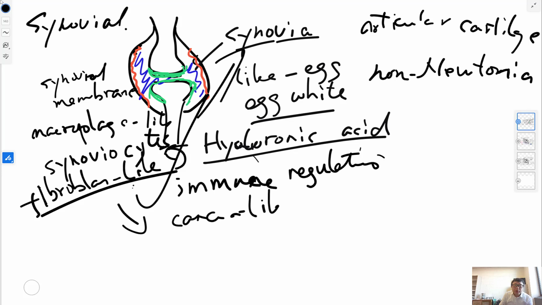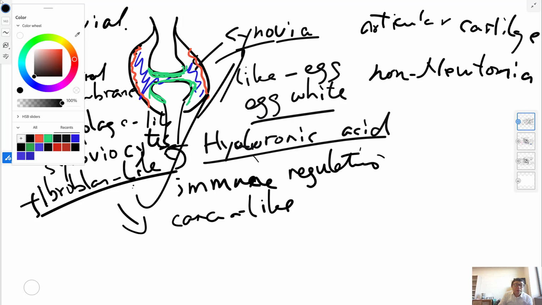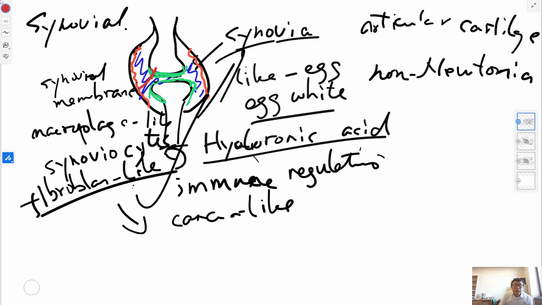When they become a cancer-like cell, they may escape from here and invade into the cartilage and even into the bone, and damage their own capsule. That is one way they can invade by themselves, and they can also produce a lot of cytokines to recruit other immune cells to come into the joint to destroy other cells.